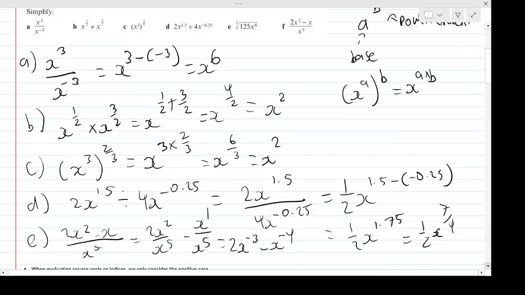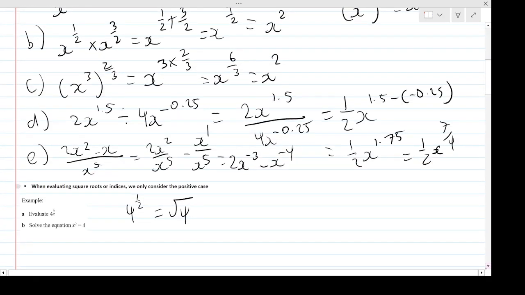It's about rooting. You can convert it, but then you might say, well, this is saying what number squared gives us 4? Well, you could say 2 or minus 2, because 2 squared equals 4 and minus 2 all squared equals 4 as well, because negative times negative is a positive.